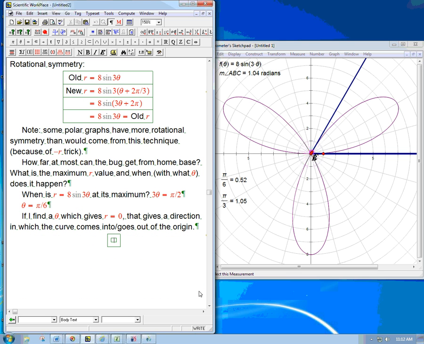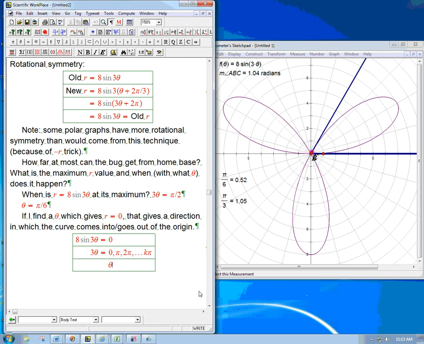That's easy to do. We just set 8 sine 3 theta equals 0. Well, we know how to solve that. We know that sine 3 theta equals 0, or in other words, 3 theta equals 0, pi, or 2 pi. It's really k pi.